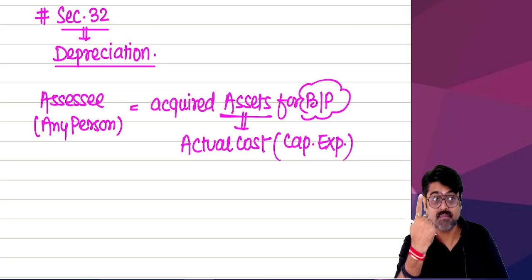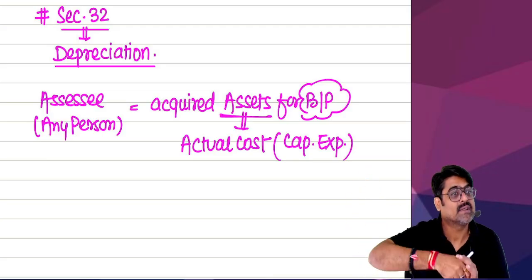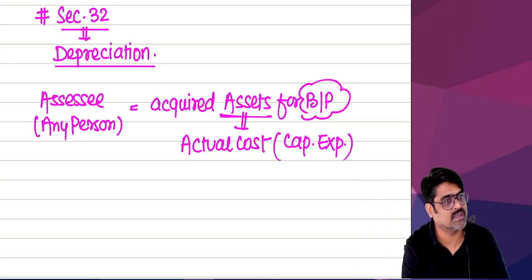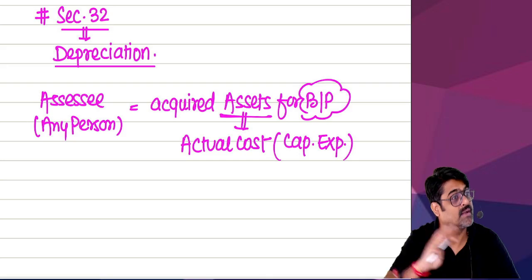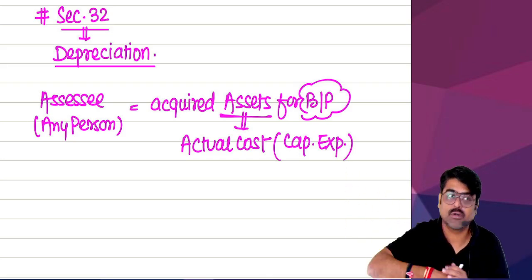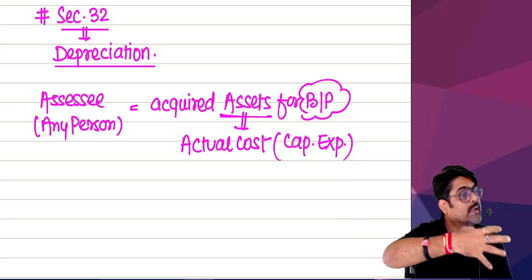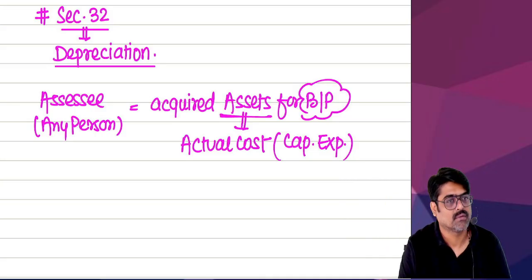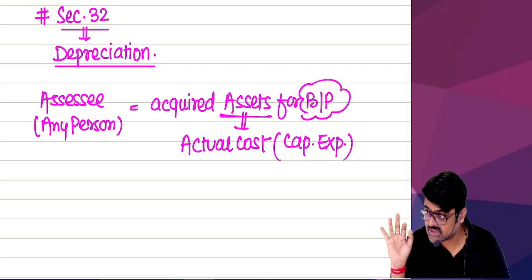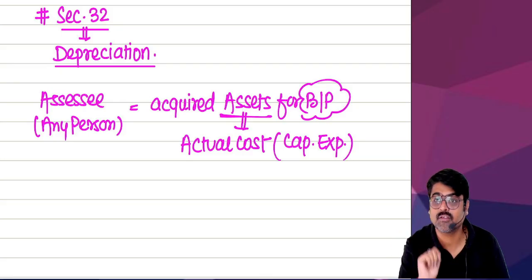Single time it is allowed as a deduction. That means it will eat your entire business income and other incomes of this year. And still this loss will remain. This will be carried forward to subsequent years also. And in the subsequent year also, this will eat all the incomes. So this will be very dangerous, to give the deduction of this type of expense at once.